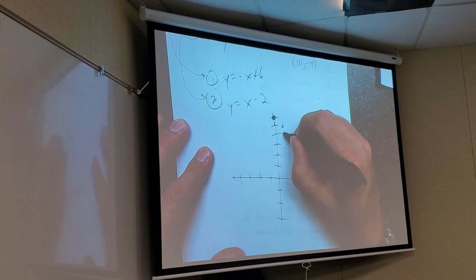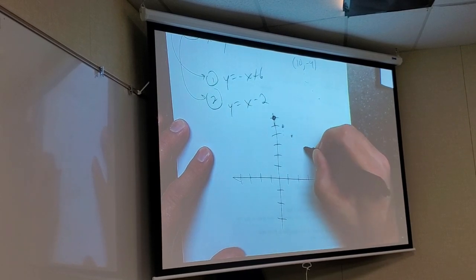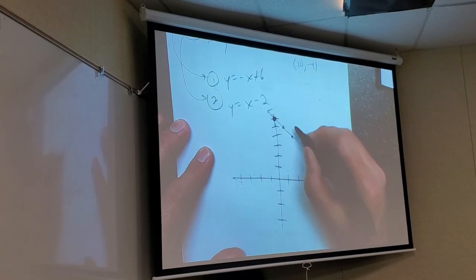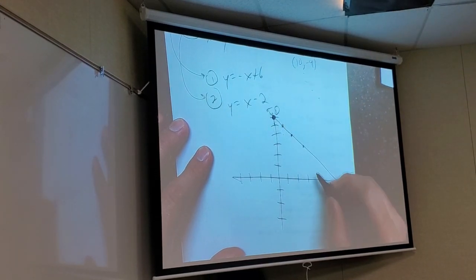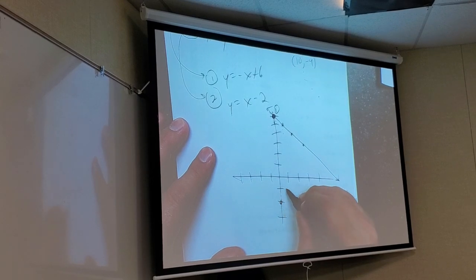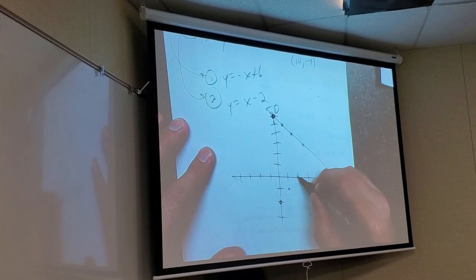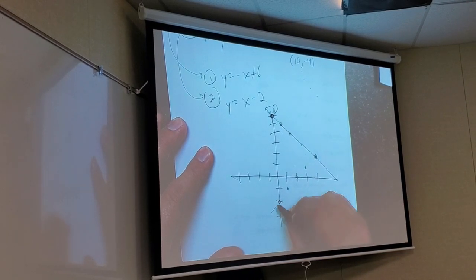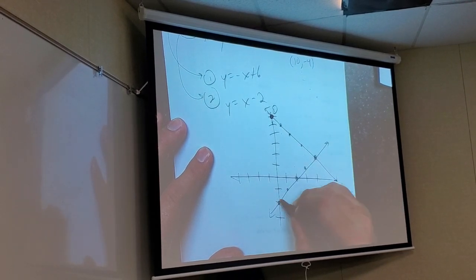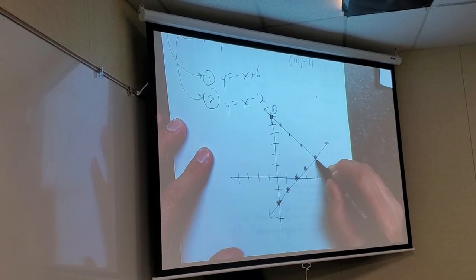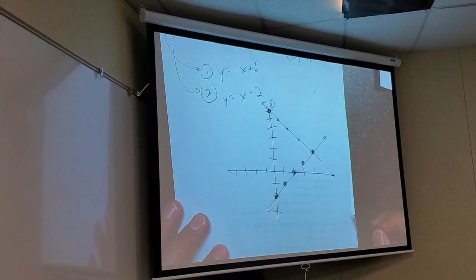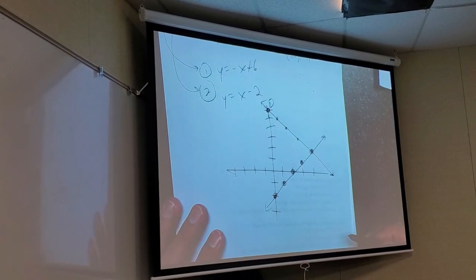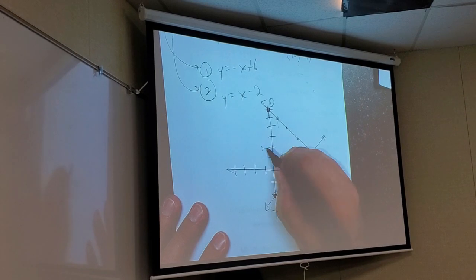Down 1 over 1, down 1 over 1, down 1 over 1. Up 1 over 1, up 1 over 1, up 1 over 1. Make these big. Where do those lines meet? And what was the answer?